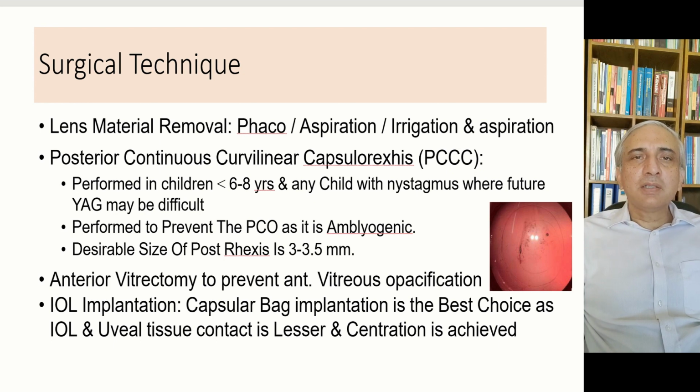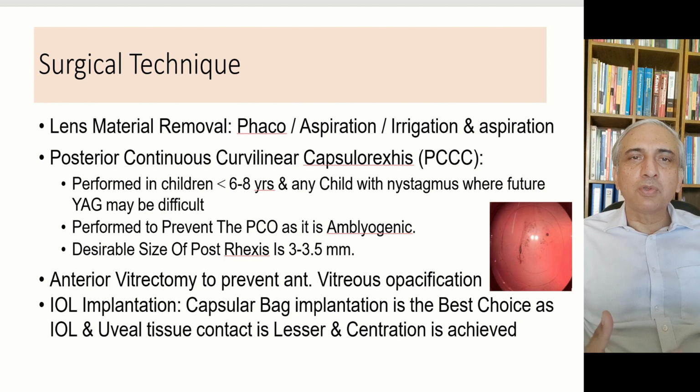Here we need to discuss this issue in adults. We usually do not do a posterior capsulotomy or posterior capsular access because it is known in adults that if you get a posterior capsular tear, the rate of retinal detachment increases.